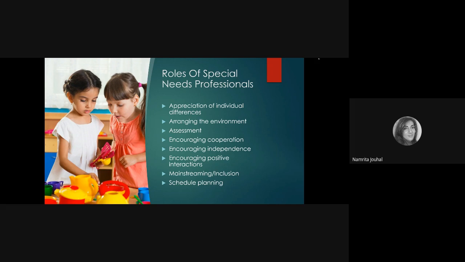Encouraging independence, so there should be somebody all the time to ensure that intervention and training are going on regularly, to ensure that they are included in the mainstream if they are severe cases. So mainstream inclusion is there, and there is scheduled planning, because you're doing reviews regularly, for when this child is ready to be in mainstream education. The planning should be in place and foreseen by the management.